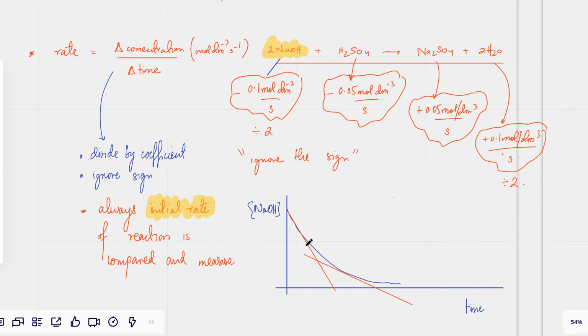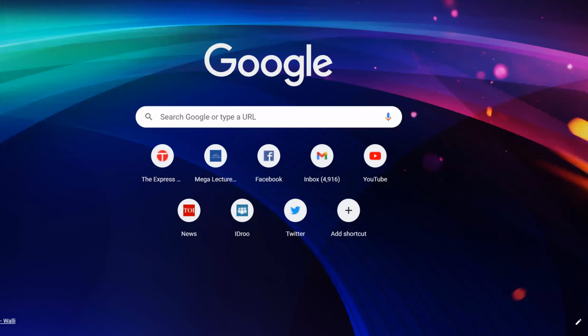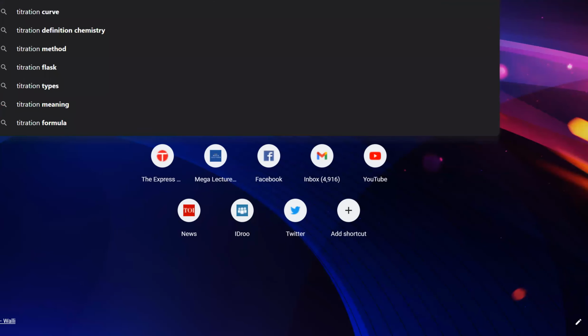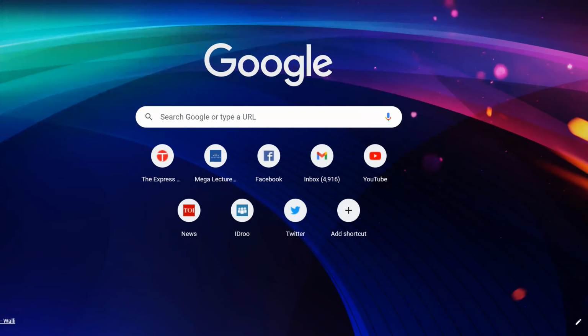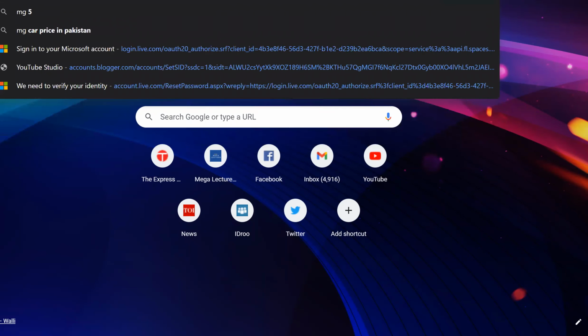Then there's another issue, and I've already discussed it. How can you measure concentration with respect to time? That's a pretty difficult thing to do. Like if you have a beaker, if there's a titration going on, or maybe there's a reaction of Mg with HCl.